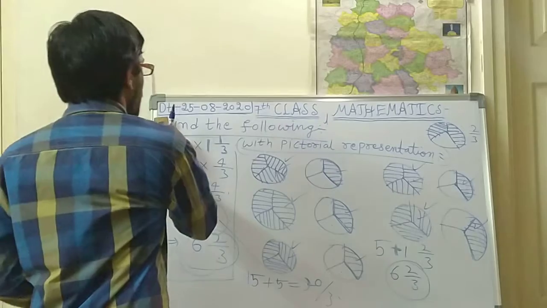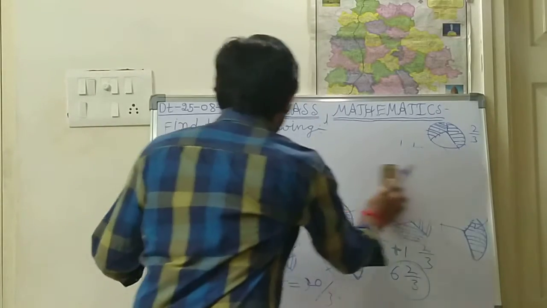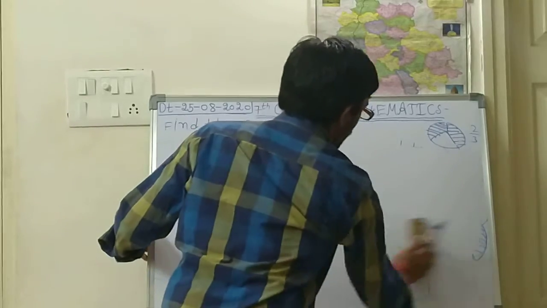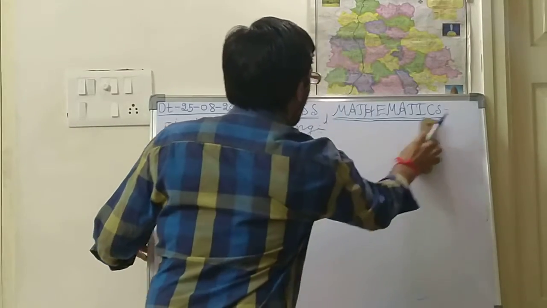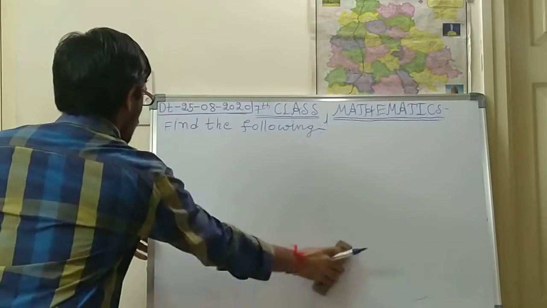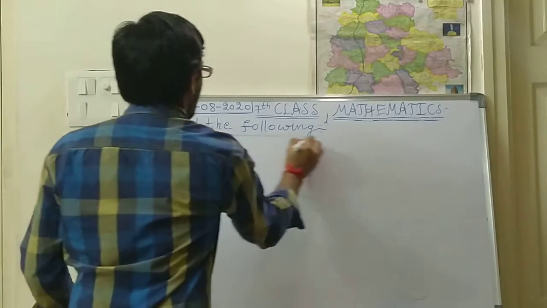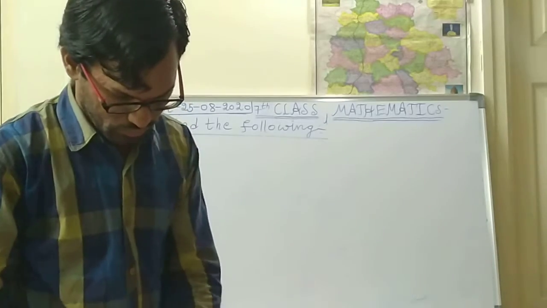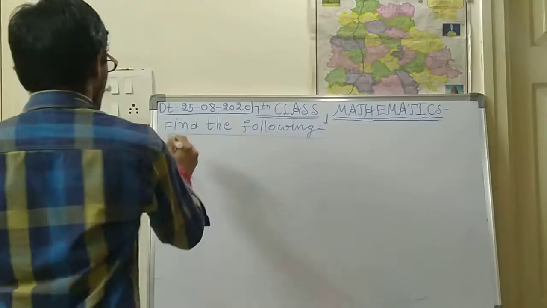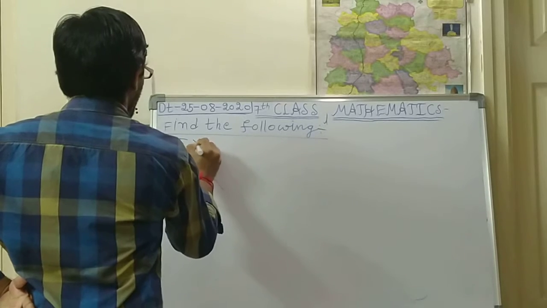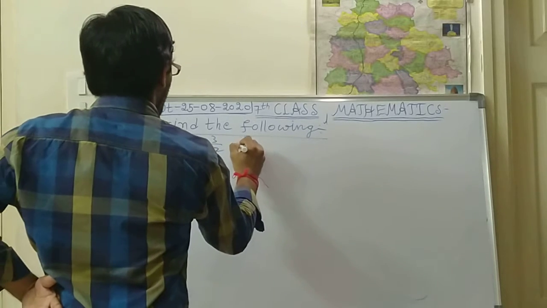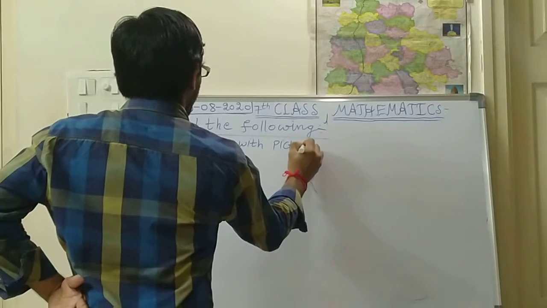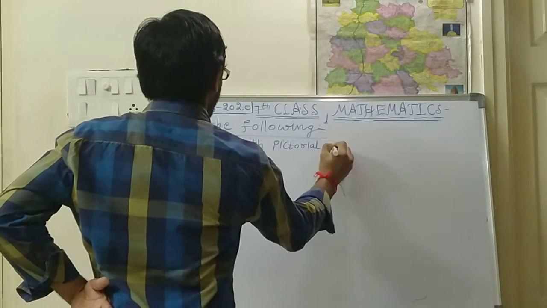So now I will be giving some problems to you as homework. You try to do them as homework. Find the following. First one is 5 into 3 by 2 with pictorial representation.